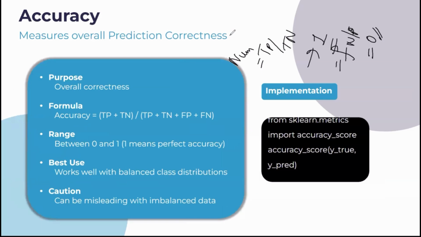Let's say accuracy score. True positive plus true negative divided by true positive plus true negative plus false positive plus false negative, all the items taken together. This is the accuracy score, right? From where do you get it? Scikit-learn has metrics function. Metrics has accuracy_score function. You can implement it always on y_test and y_predict, as I mentioned last time, a few hours back.